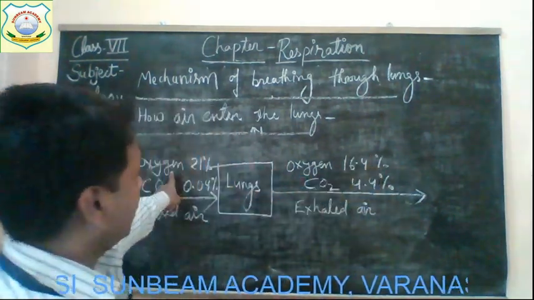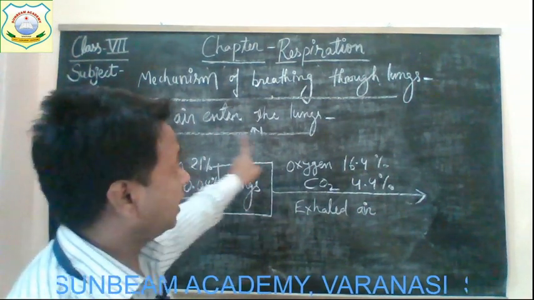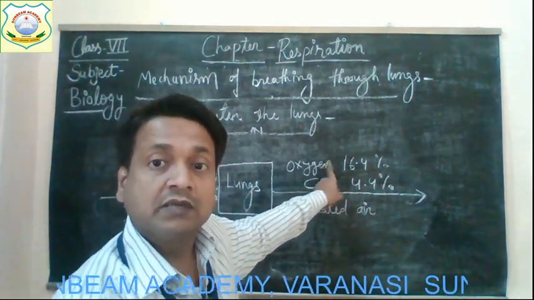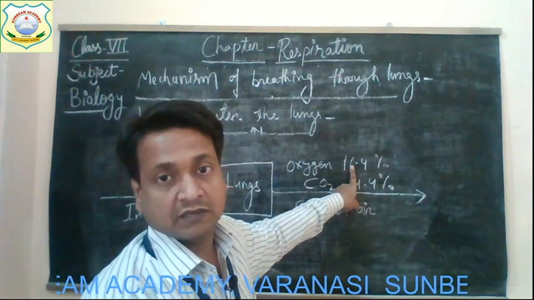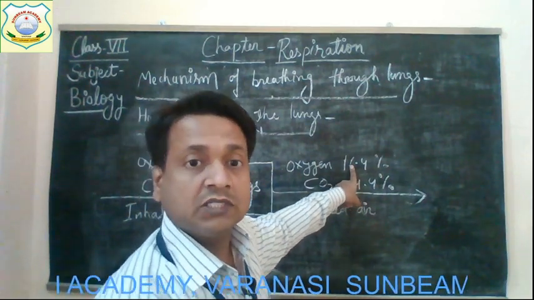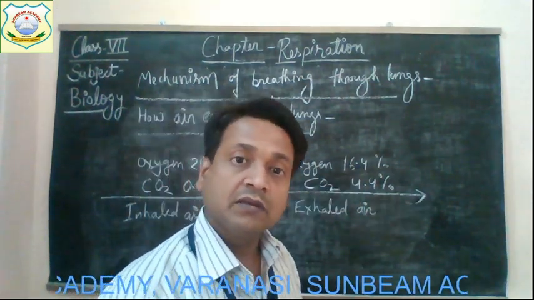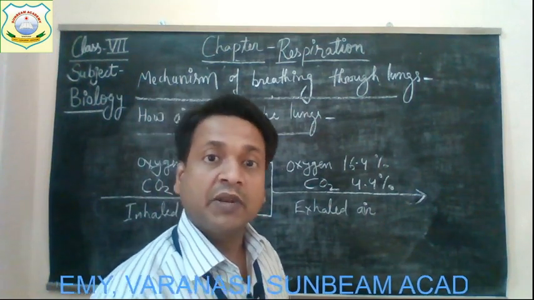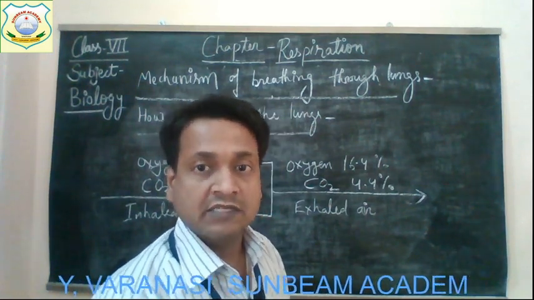So inhaled air has oxygen 21%, whereas exhaled air has oxygen 16.4%, because most of the oxygen gets used up in the process of breaking down food to get energy.